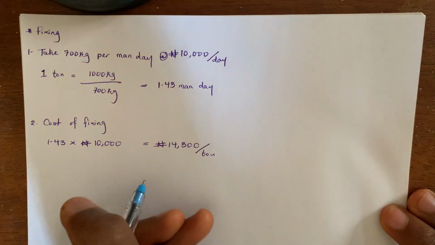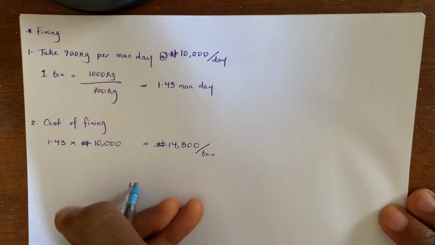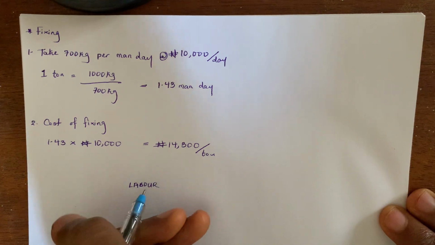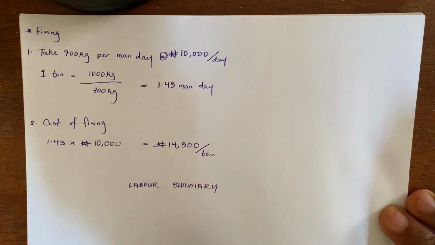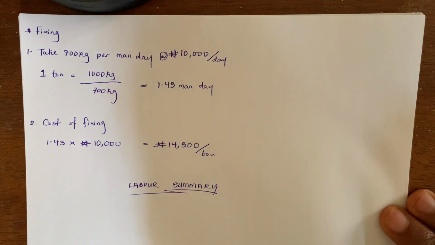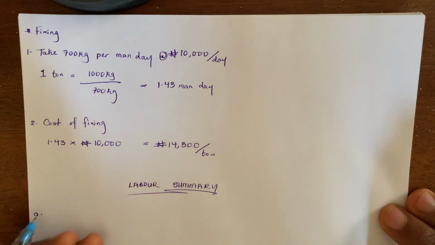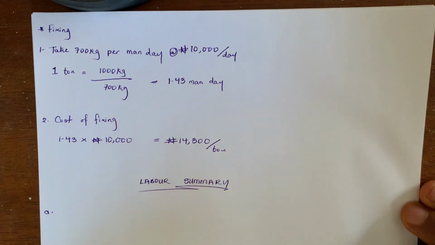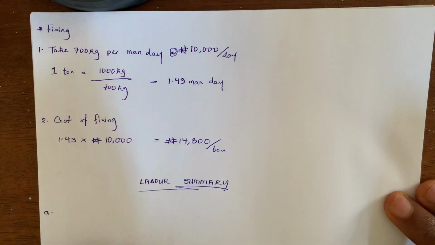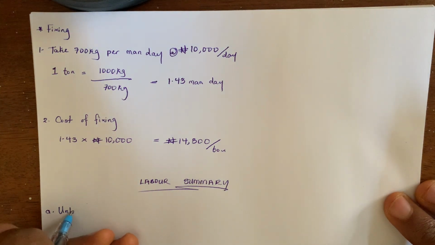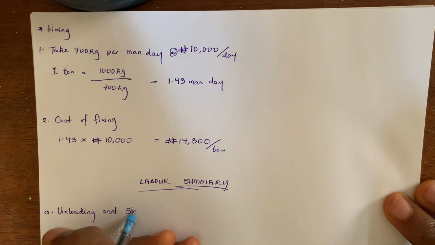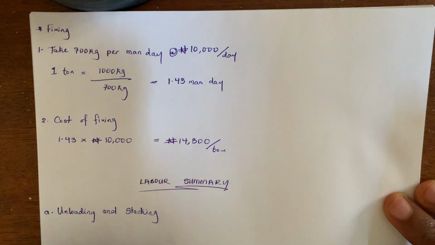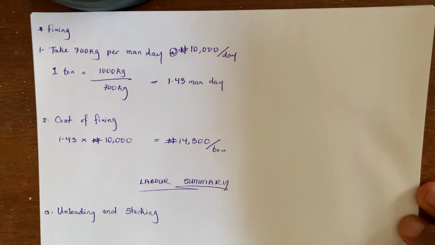So we can now do a summary on our labor. The first thing that we're costing for in our labor is the cost for unloading and stacking, and we calculated it as 6,000 naira per ton.